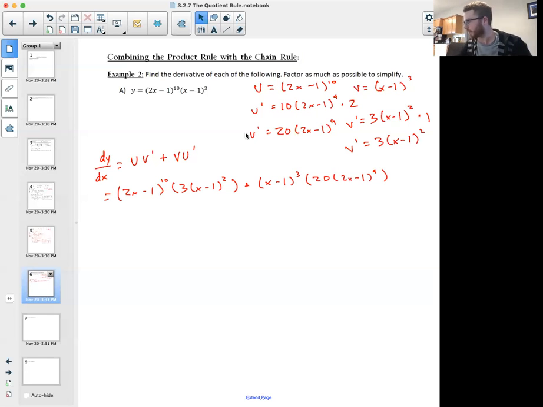All right, so how can we clean this up a little bit? Let's put our constants out in front first. So we'll have 3, 2x minus 1 to the 10, x minus 1 to the 2, plus 20 multiplied by x minus 1 to the 3.